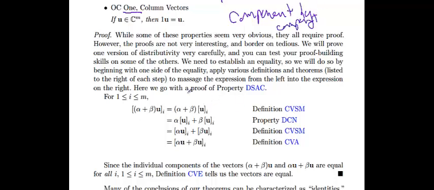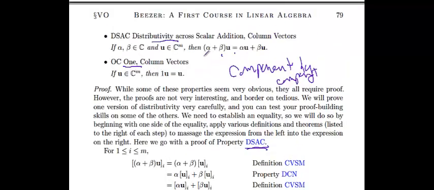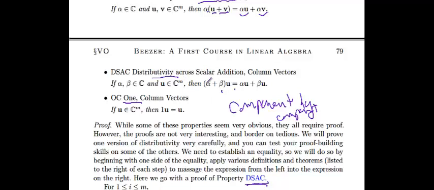So follow this along here. He wants to show this distributive property. Now, if you apply this distributive property, the distributive property is this one here. What does this mean component by component?